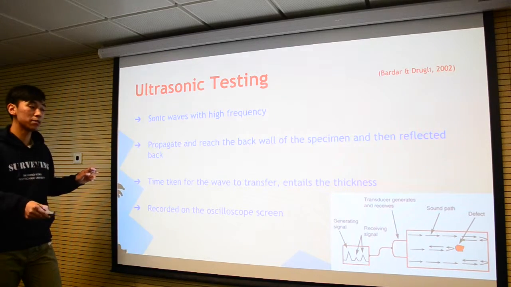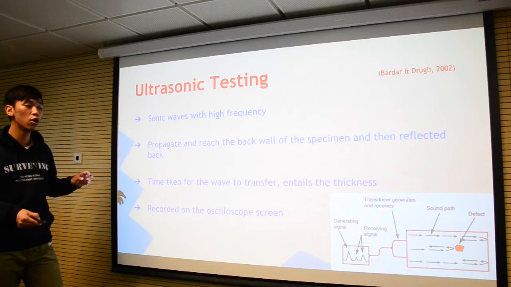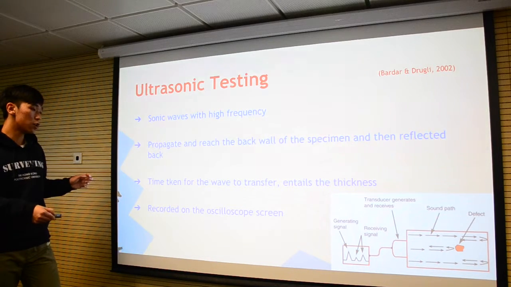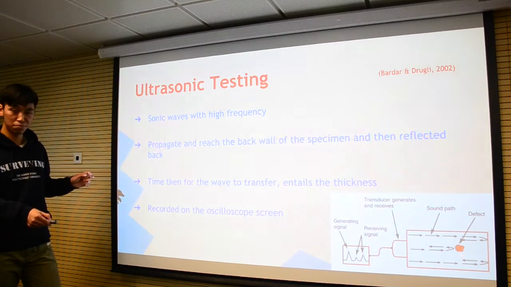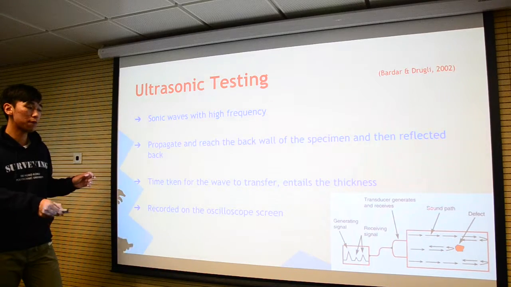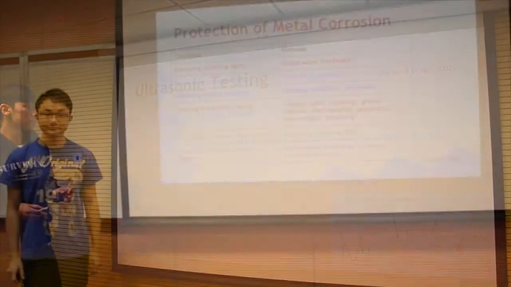Similarly, when determining whether the thickness is even in the whole metal, we can see whether corrosion has occurred to reduce the thickness. Also, if there is interior corrosion, part of the sonic wave will be reflected back by it, so we can observe on the screen whether and where corrosion occurs.